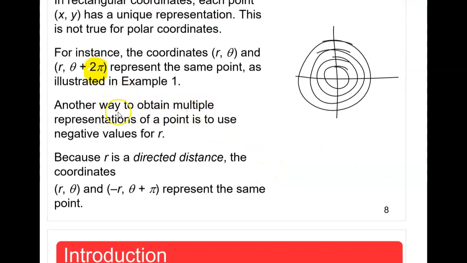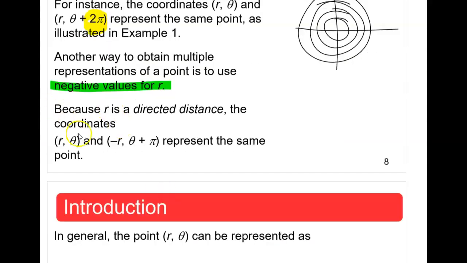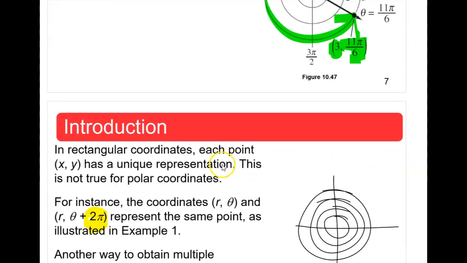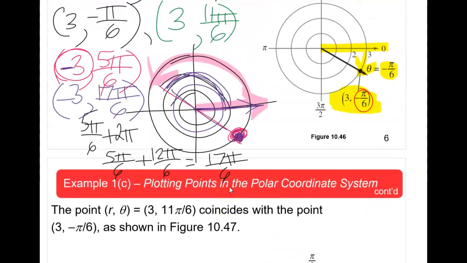Another way to obtain multiple representations of a point is to use negative values for r, and we already tried that in the other examples. If you were to make r negative, then what you need to do is add pi to represent the same point. So for example, here we made r negative 3, and from the original question we had negative pi over 6.